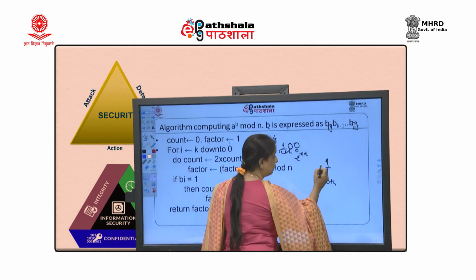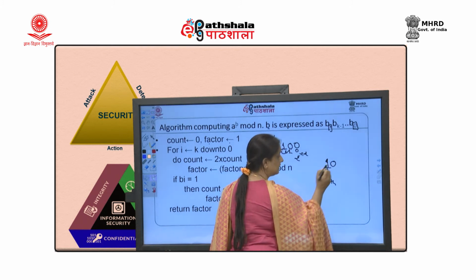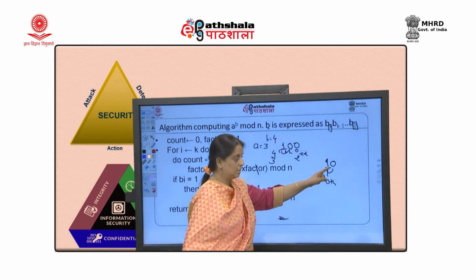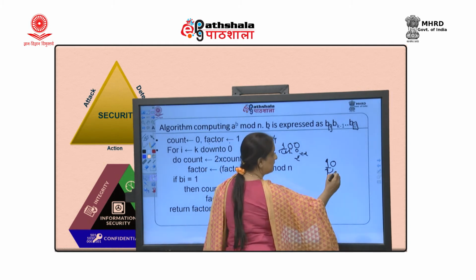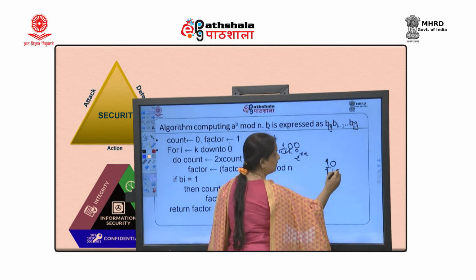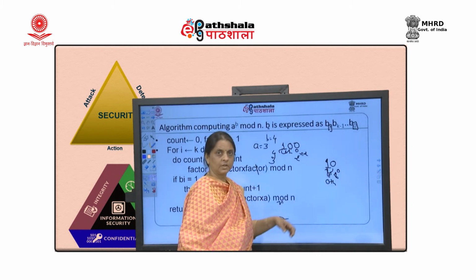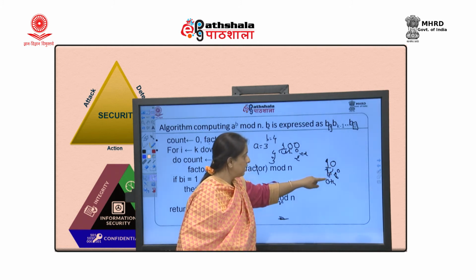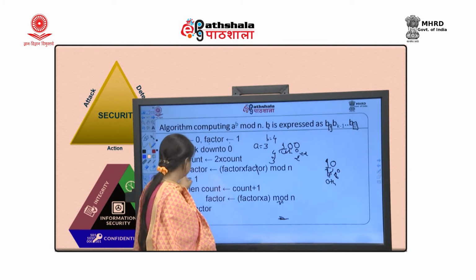If I shift it to the left, that means if I add 0 after this, it has been multiplied by 2. So, now this 1 becomes 2 raised to 1 and this 0 becomes 2 raised to 0. So, every time I shift it to the left, the number is multiplied by 2.